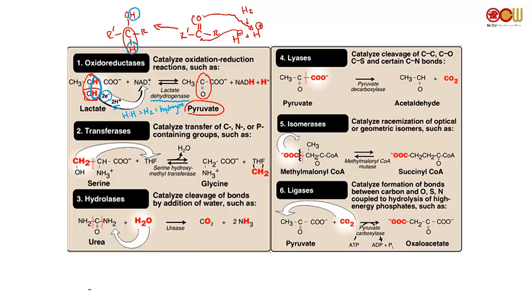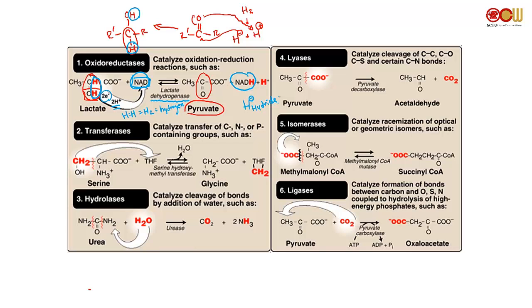Anytime you see NAD become NADH, that's going to be an oxidoreductase because NAD is an electron carrier. Or more specifically, we call it a hydride carrier. It carries a hydride. What is a hydride? Do you guys know? H minus is a hydride. NADH is the reduced form.